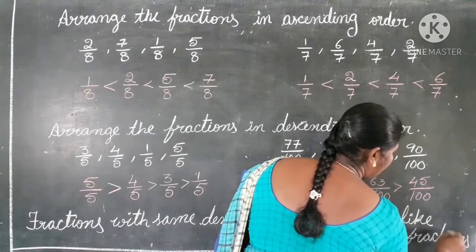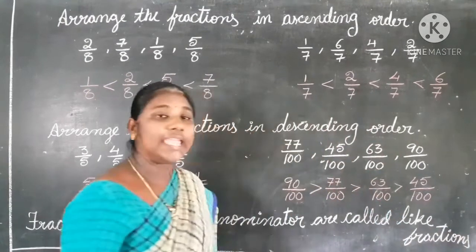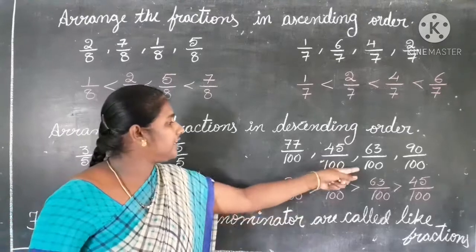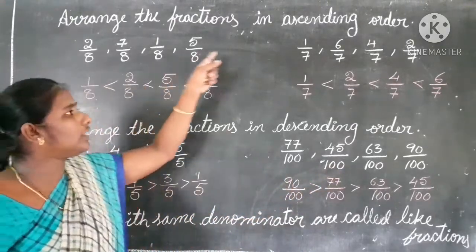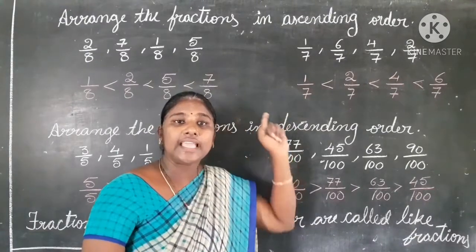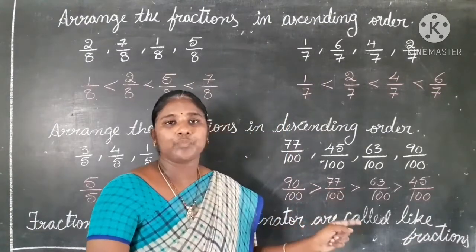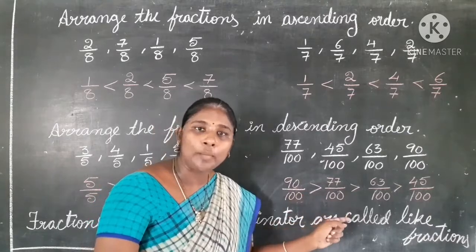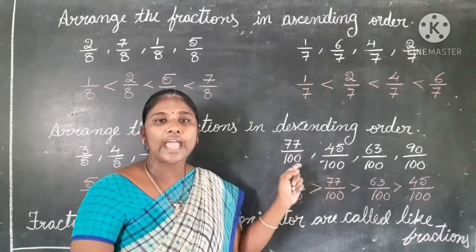Fractions with the same denominator are called like fractions. Here these are like fractions. Why are these like fractions? Their denominators are the same.